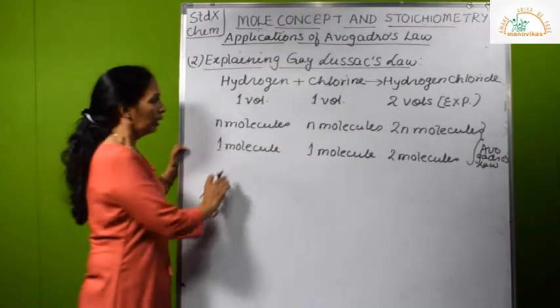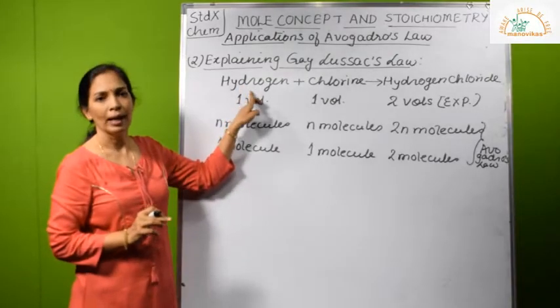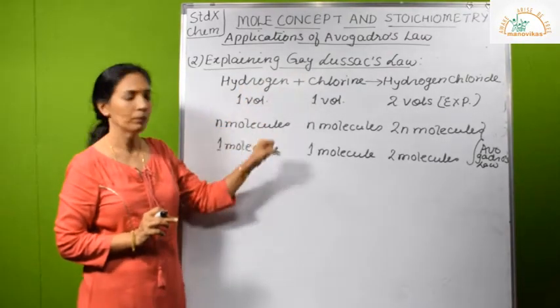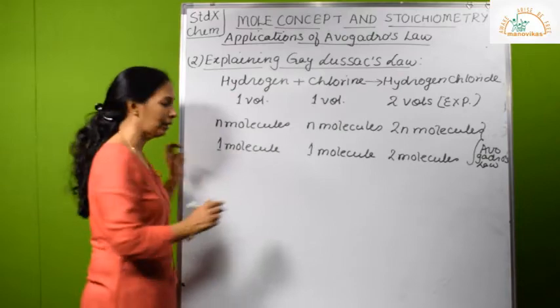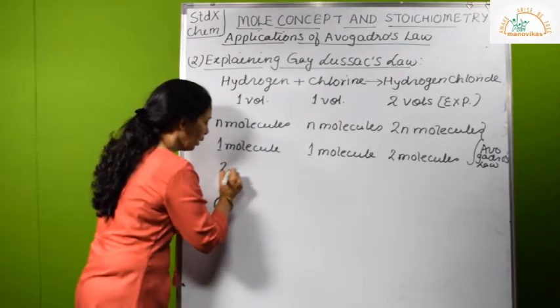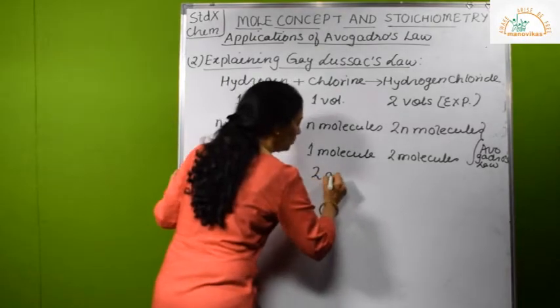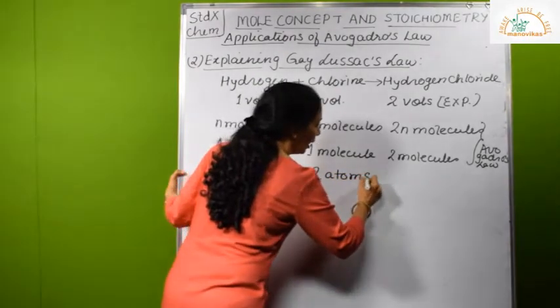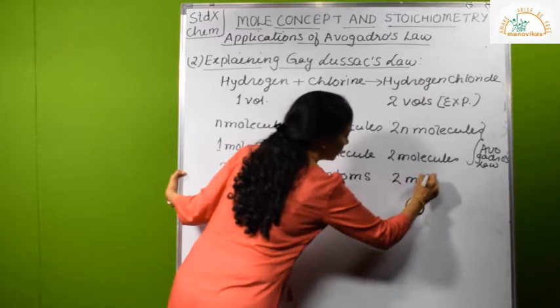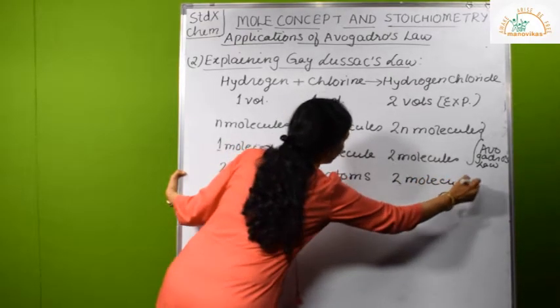Done. Now we know that hydrogen is diatomic, chlorine is diatomic. That means one molecule has 2 atoms. So we can write 2 atoms and 2 molecules, since it is a compound.